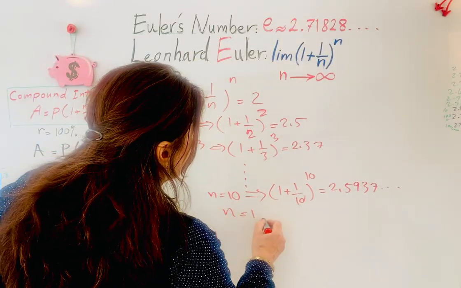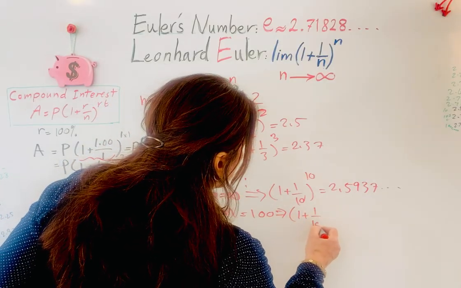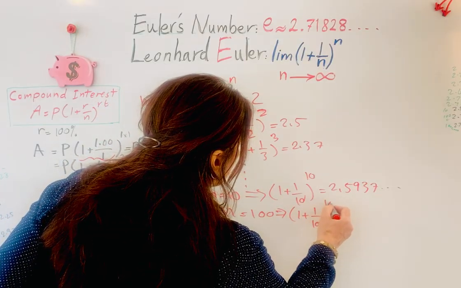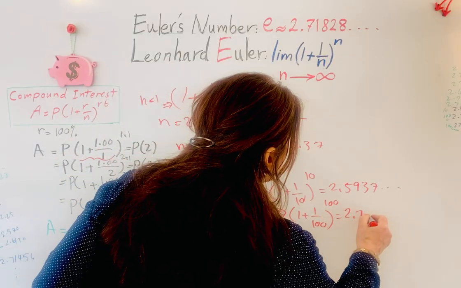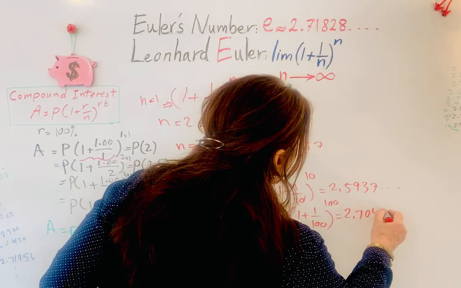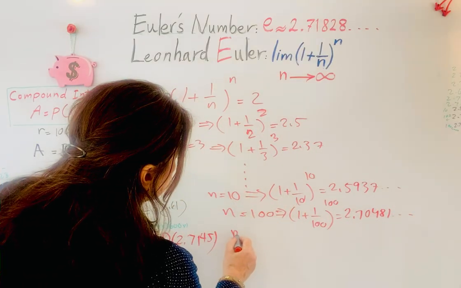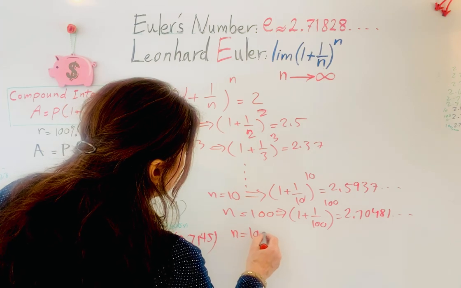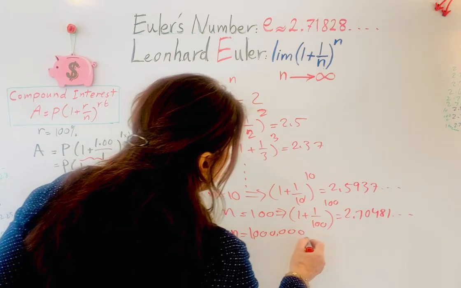And if n is 100, how much is it going to be? 1 plus 1 over 100 raised to 100 gives 2.70481 something. And how about when n is 1 million? What happened?